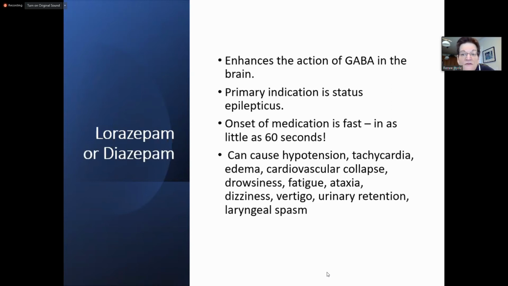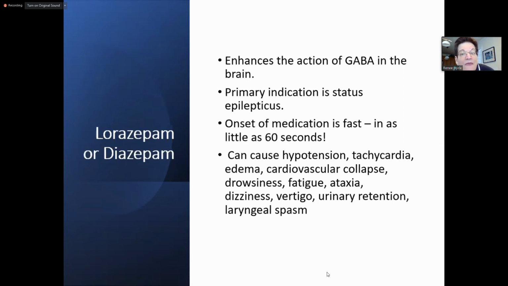However, it can cause hypotension, tachycardia, edema, cardiovascular collapse, drowsiness, fatigue, ataxia, dizziness, vertigo, urinary retention, and laryngospasm. The one I'm worried about most often is that laryngospasm and that hypotension.